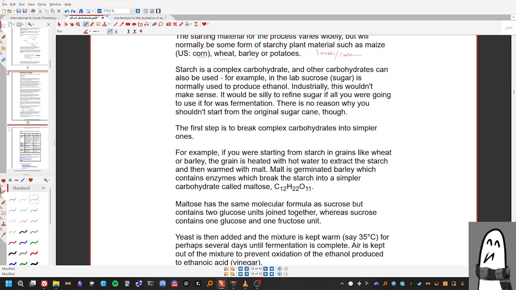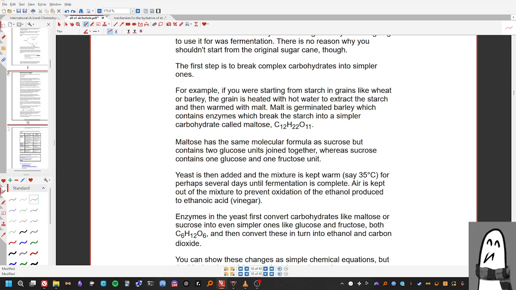Now the first step is to break the complex carbohydrate into simpler ones. For example, if you're starting with starch in grains like wheat and barley, the grain is heated with hot water to extract the starch and then warmed with malt. Malt is germinated barley, which contains enzymes that break the starch into simpler carbohydrates such as maltose.